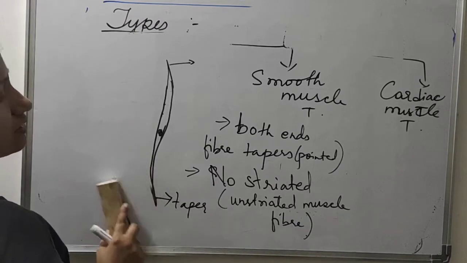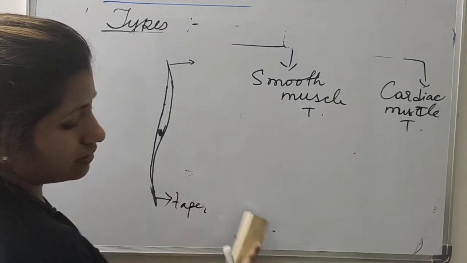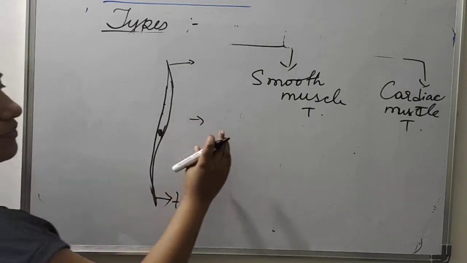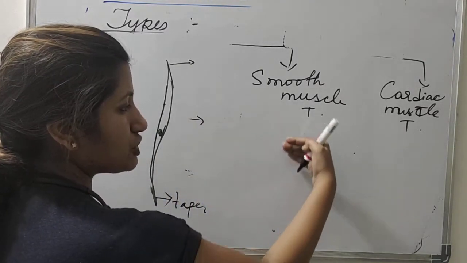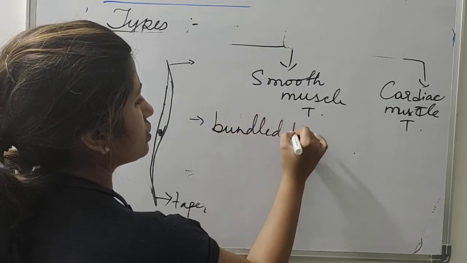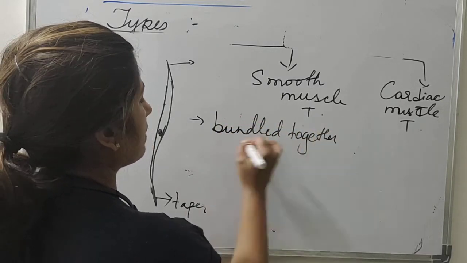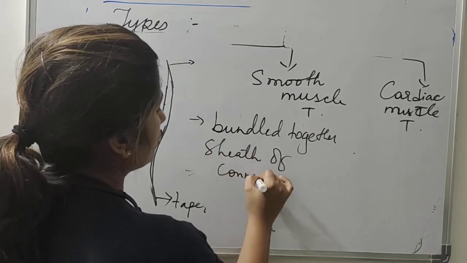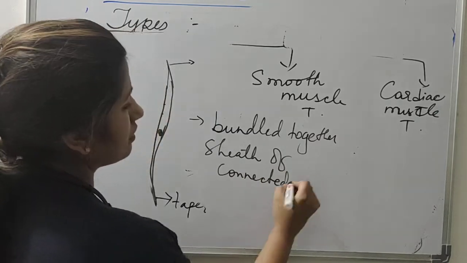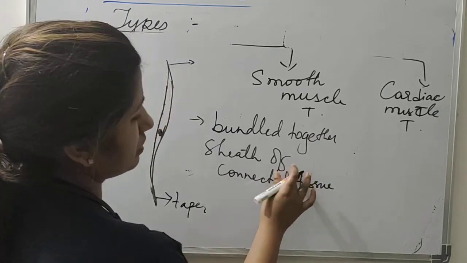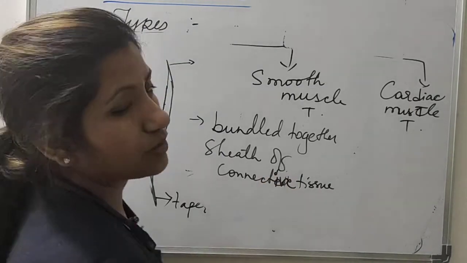But the common thing is, in case of skeletal muscle also, we see the muscle fibers are bundled together by a sheet of connective tissue. Here also they are bundled together by a sheet of connective tissue.